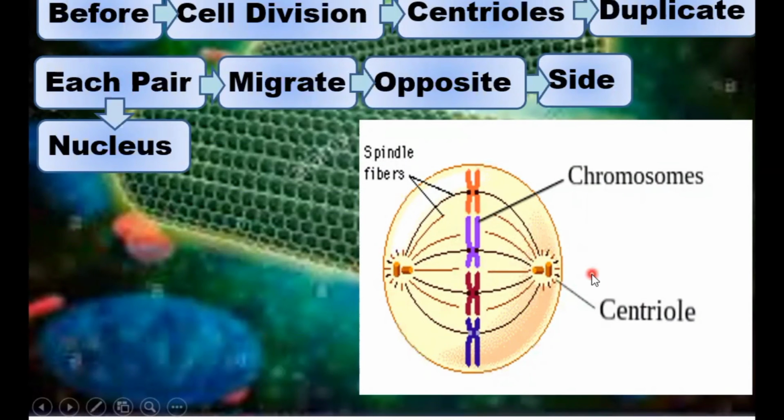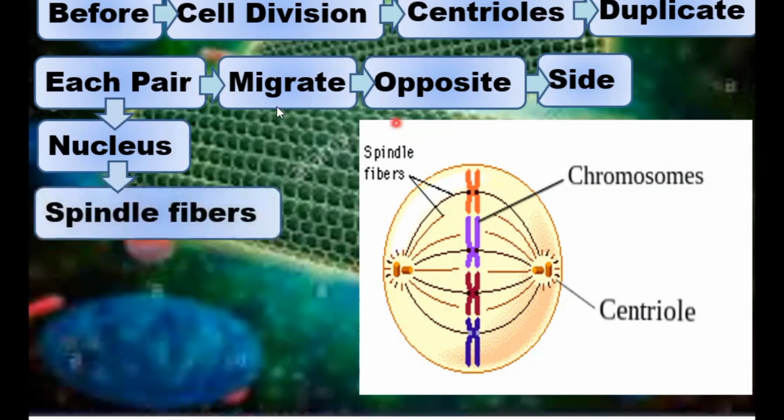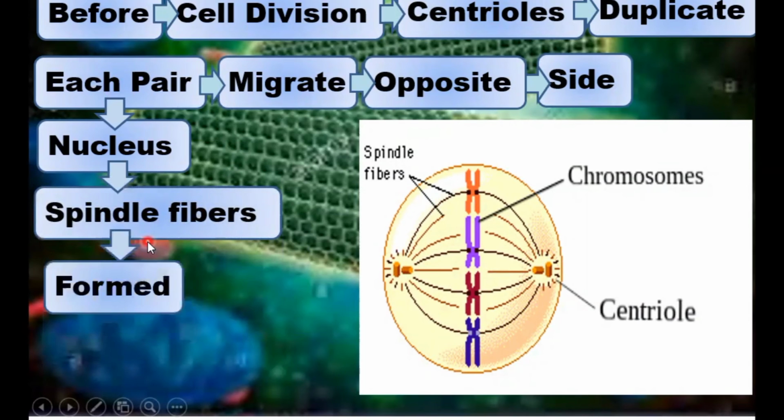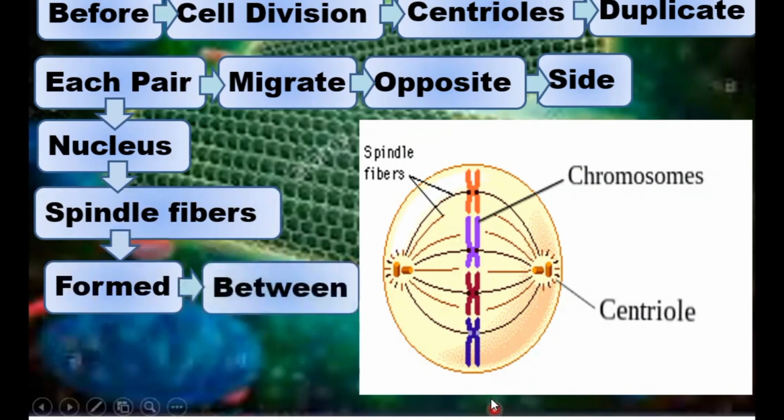And what will they do on the opposite sides of the nucleus? They will give rise to the spindle fibers. The spindle fibers are formed between them. As you can see here, the pair of centrioles, one on this side and one on this side, will give rise to the thread-like structures known as the spindle fibers.